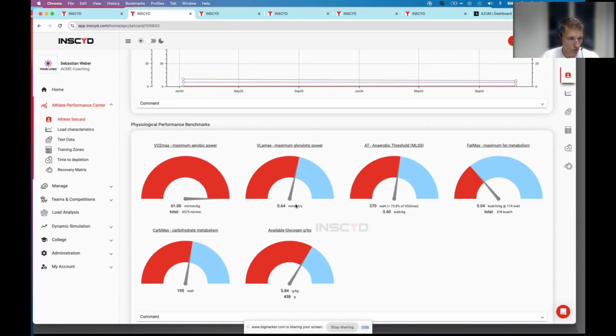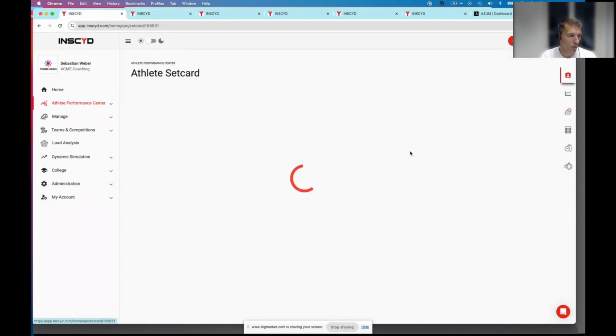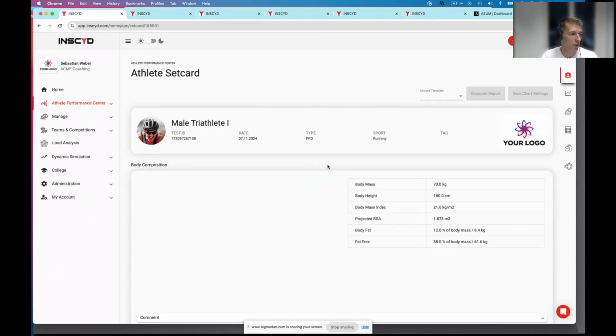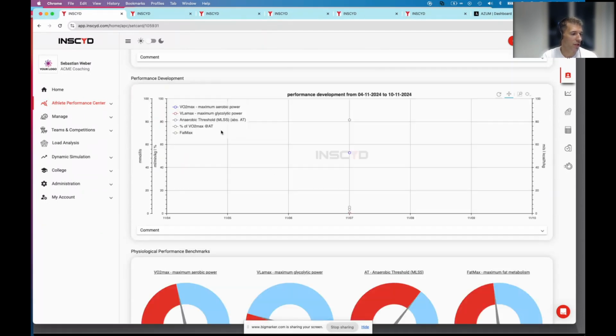So what would happen if the athlete would be able to drop the VLamax and everything else stays the same? This percentage utilization would go up. So this is one of our use cases I'm going to look at with you today. And the other one here is our running test. Oh, sorry, my bad. I should have chosen a different athlete here, but uploaded under the same name.